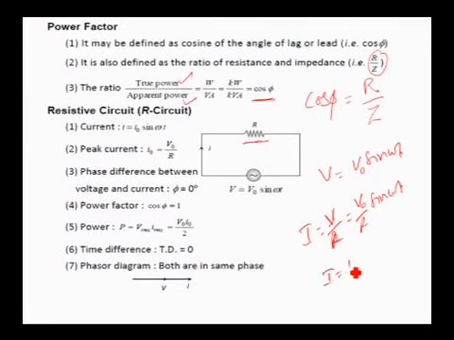That shows I is equal to I naught sin omega t. That proves that voltage and current vary the same way in the case of a resistor. The phase difference between current and voltage will be 0, meaning both V and I are in phase, and cos phi is equal to 1, because power factor is cos phi here. When phi becomes 0, cos phi is equal to 1.